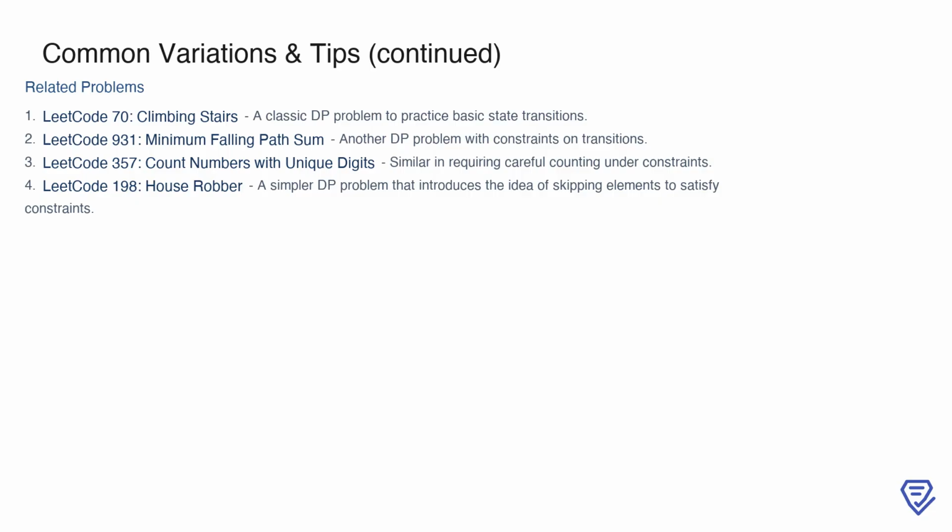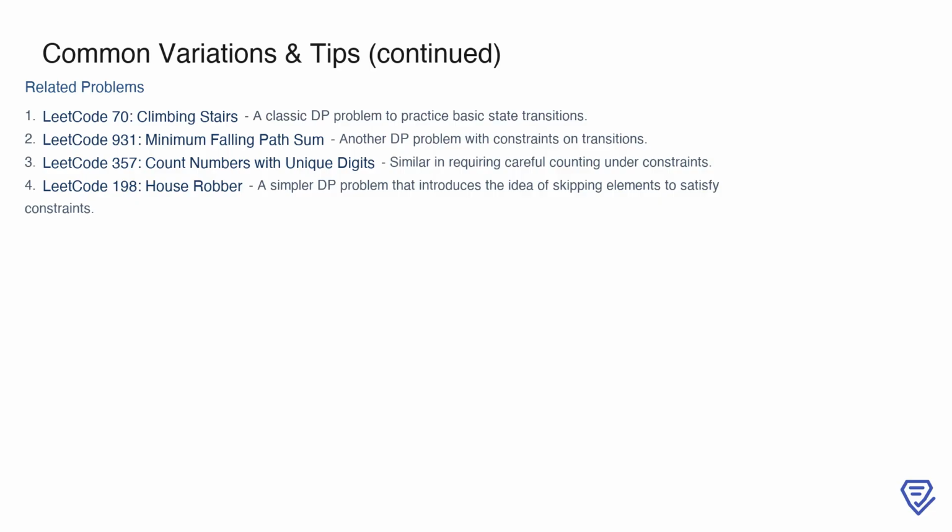LeetCode 357, count numbers with unique digits, is another example, as it requires careful counting under specific constraints, much like this problem. Finally, LeetCode 198, house robber, is a simpler dynamic programming challenge that introduces the concept of skipping elements to meet constraints. Practicing these problems can deepen your understanding of the techniques required to solve the dice roll simulation and similar tasks.